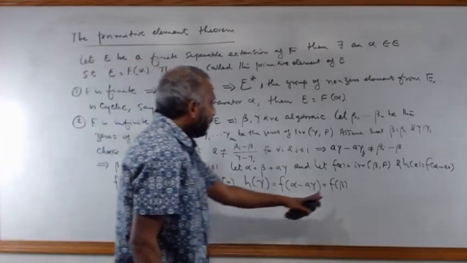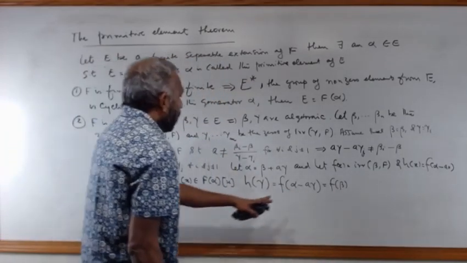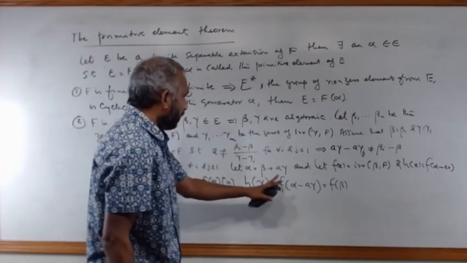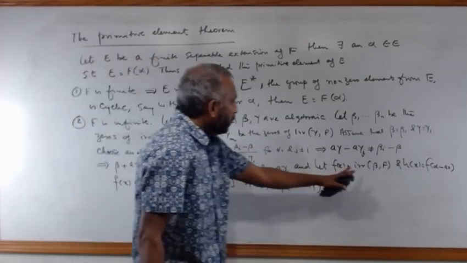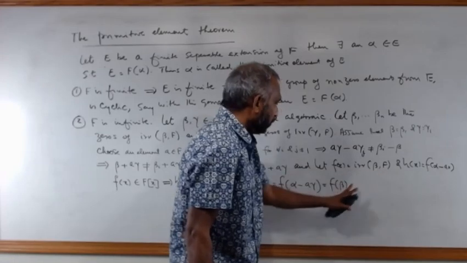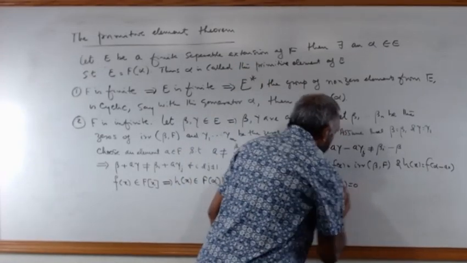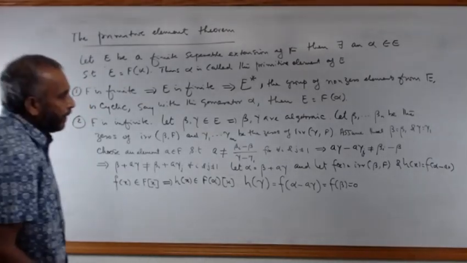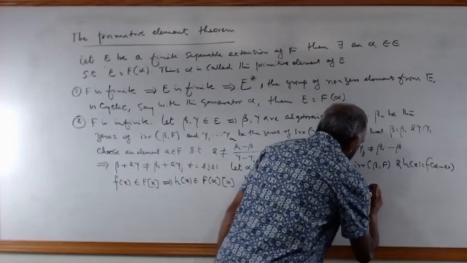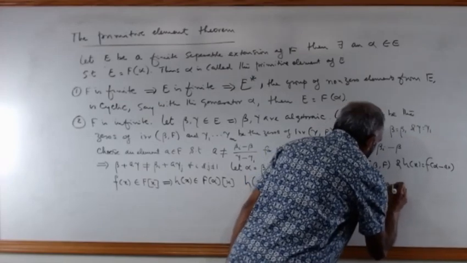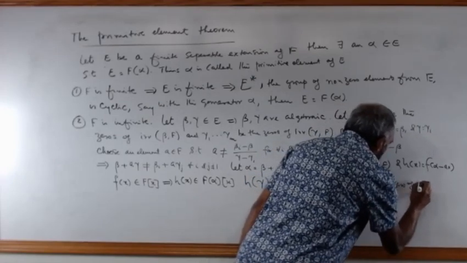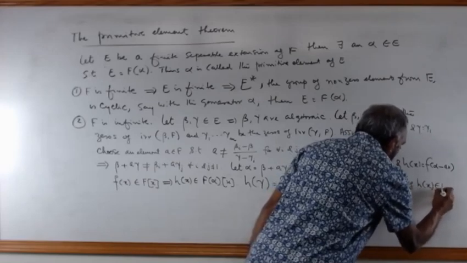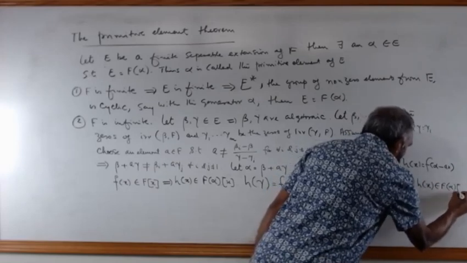And what is beta? Beta is one of the zeros of f of x, because f of x is the irreducible polynomial of beta. So this will be 0. And that implies gamma is a 0 of h of x in f of alpha x.